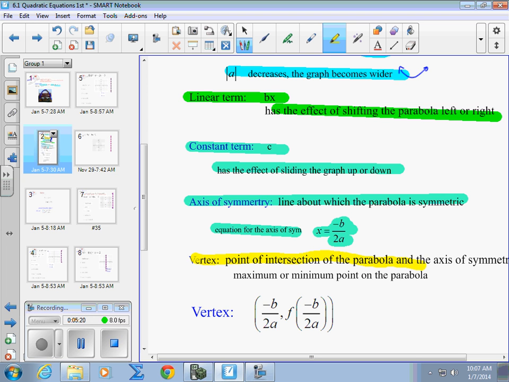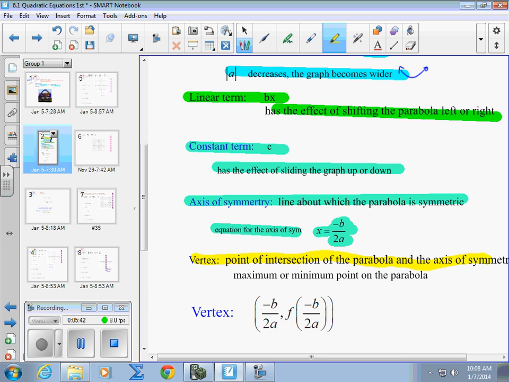The vertex is the point of intersection of the parabola and axis of symmetry. The vertex is either the maximum or minimum value of the curve.